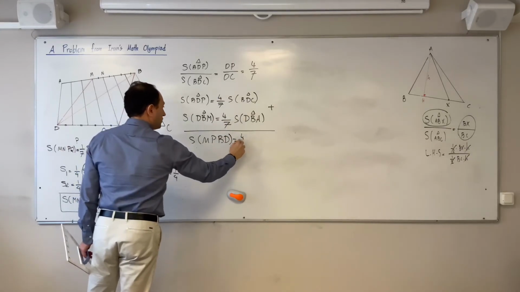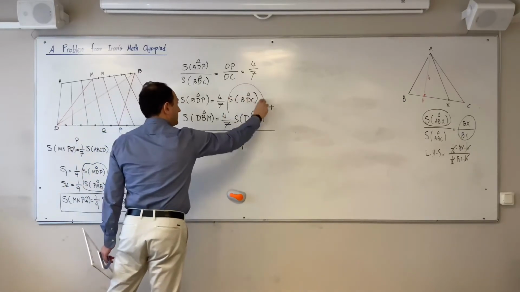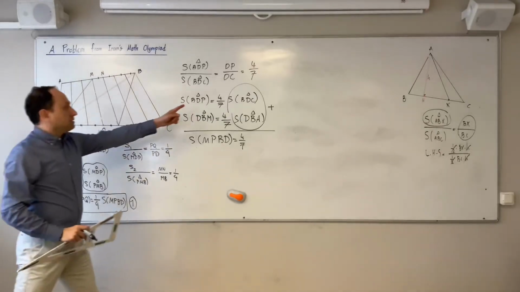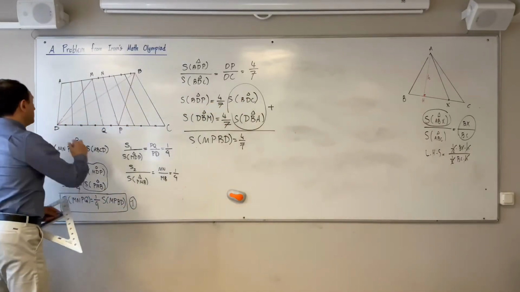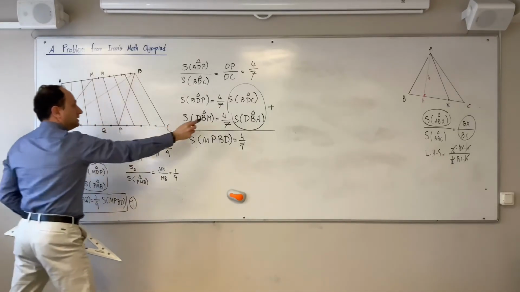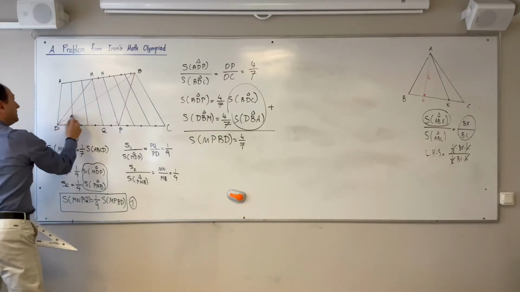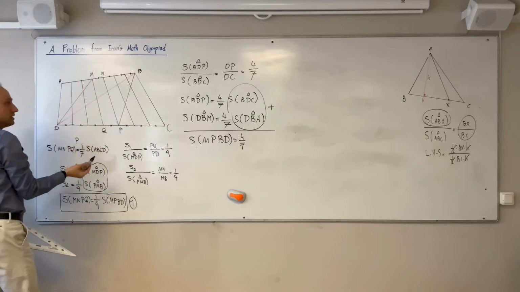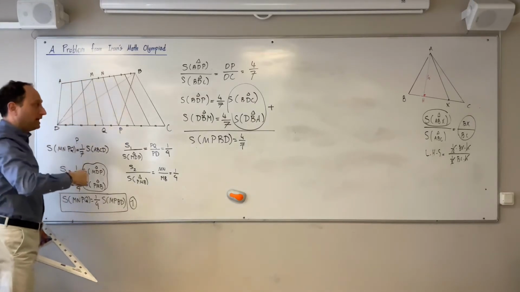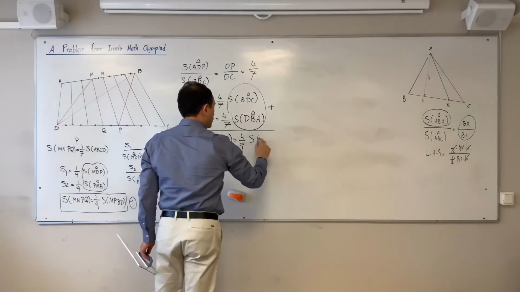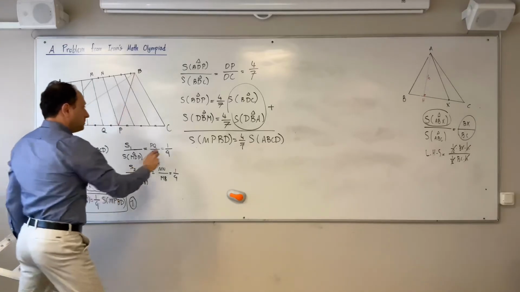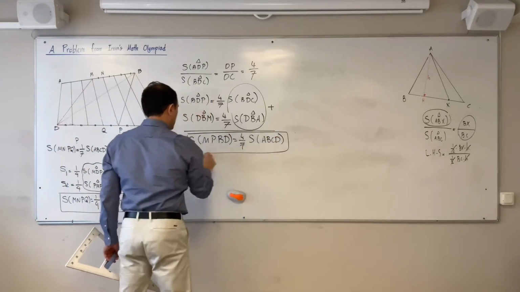And if I take 4/7 out and then add these two areas together, what do I get? BDC is this big triangle here, plus DBA is this triangle. When I add them, it becomes the total area of the total quadrilateral, S of surface area of ABCD. Let me call this number 2.